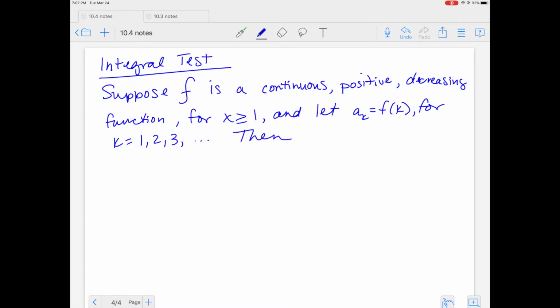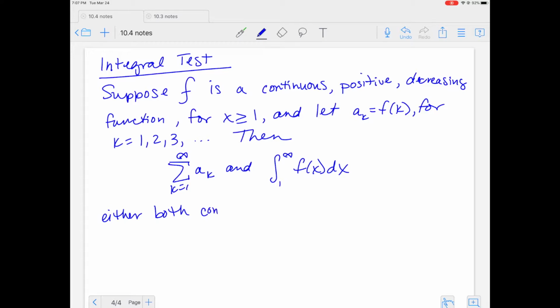Then this series, k going from 1 to infinity of a sub k, and this improper integral from 1 to infinity of f of x dx, either both converge or diverge.